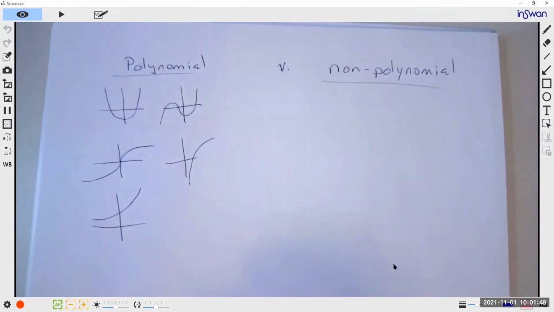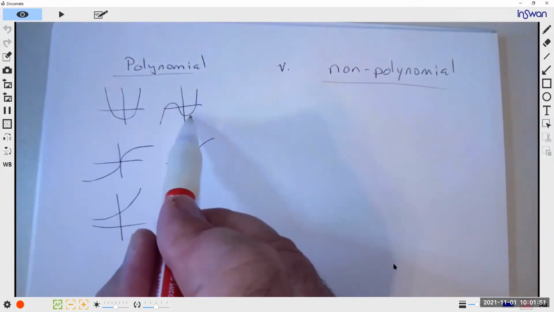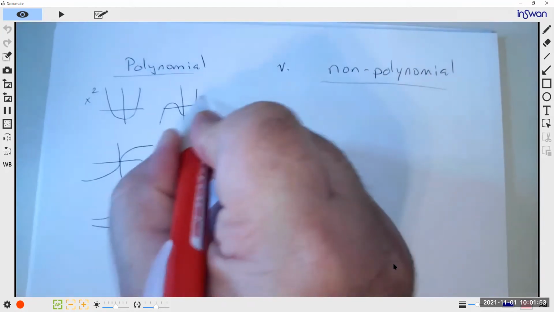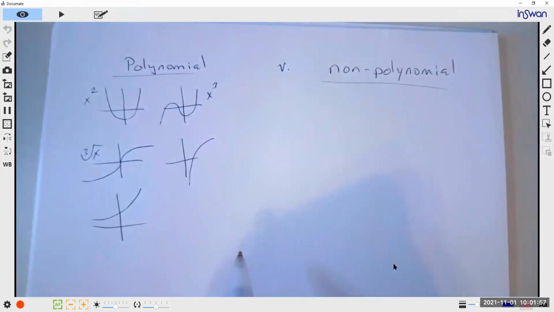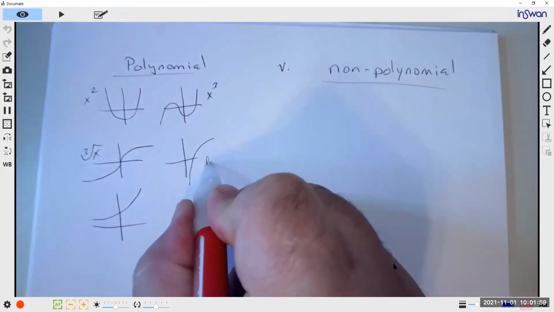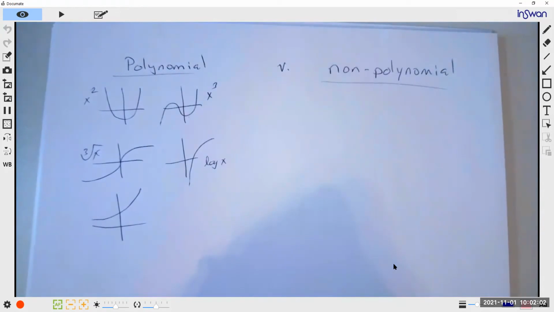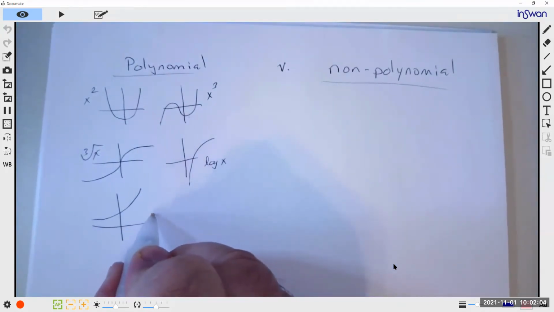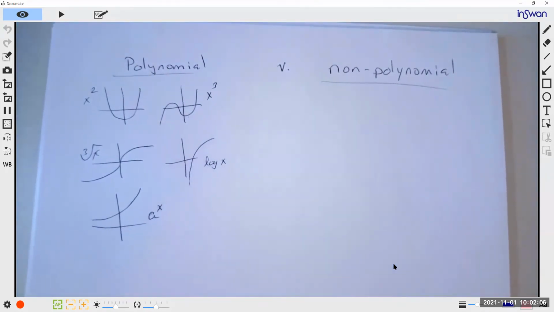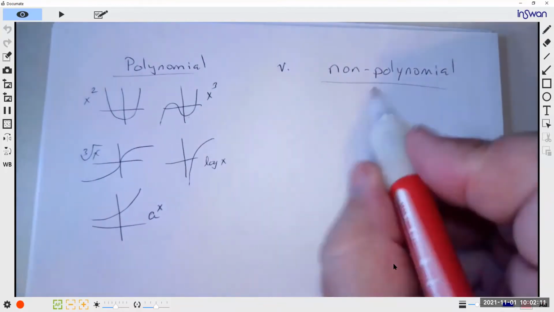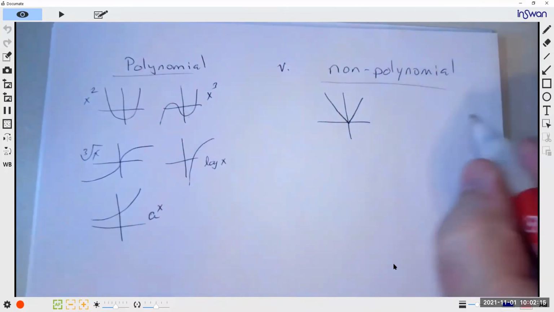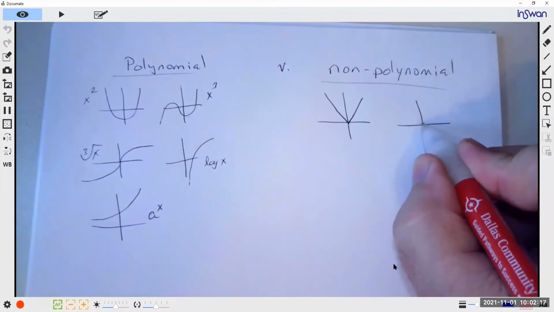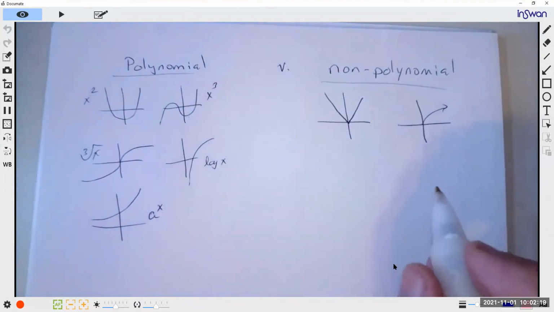Looking at your library of functions, this is quadratic, this is cubic, this is x squared, this is x cubed, this is cube root of x. This is the log of x. This is an exponential equation. Non-polynomial equations. Here are the graphs of non-polynomial equations.